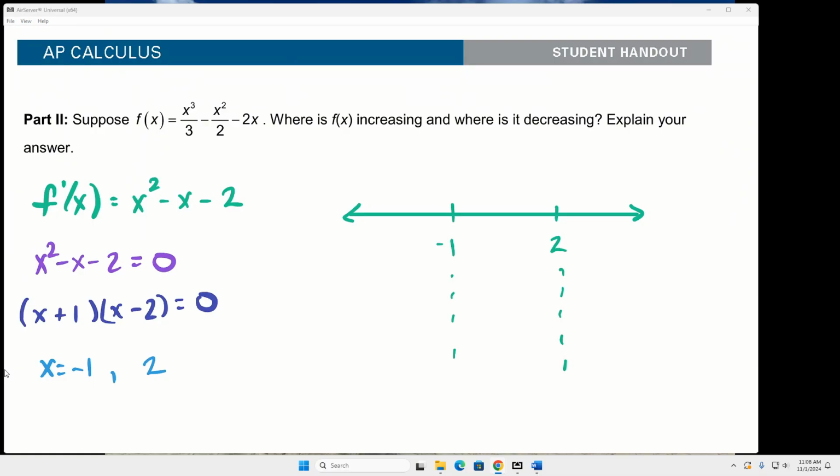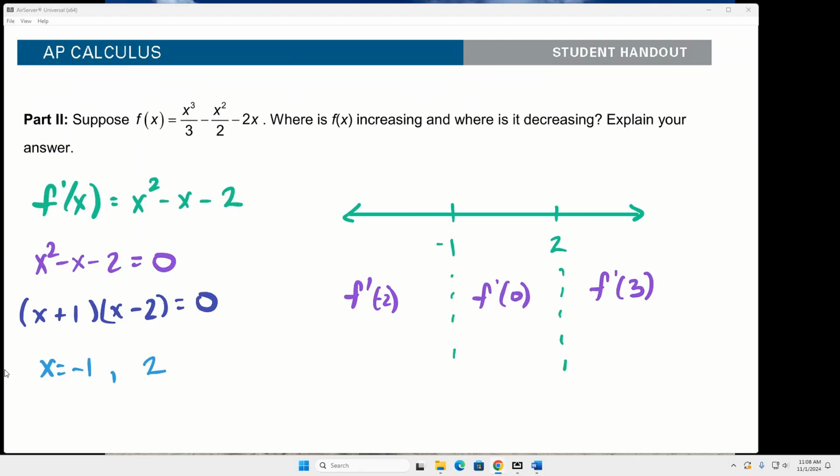All right, so we have 2 of these that we're going to put on the number line. And we're just doing increasing and decreasing, so we need to know what the derivative is doing in between these. Because these critical numbers are the only values where it could change from increasing to decreasing or decreasing to increasing. So we're going to plug in numbers from each region into the derivative.